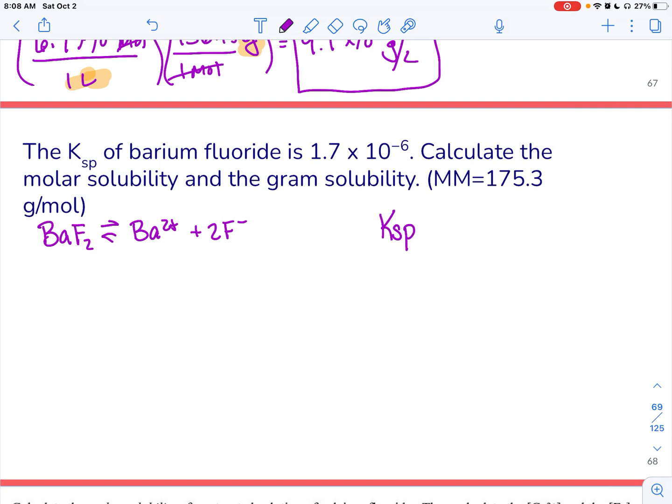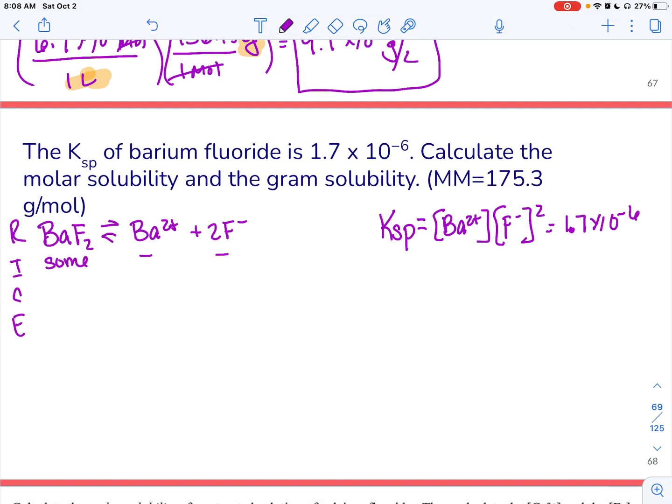That gives us our Ksp, which we know is equal to this. So now we set up our RICE table. We're going to have some of our precipitate, but none of our ions. Our change is going to be minus S here.